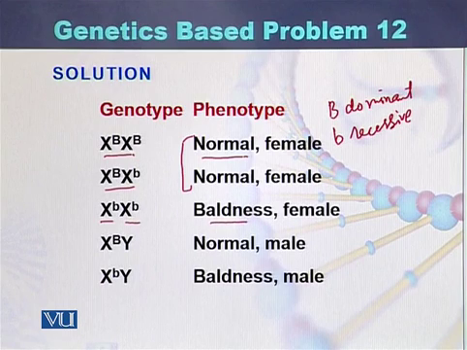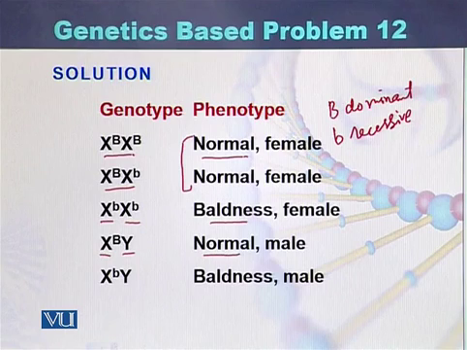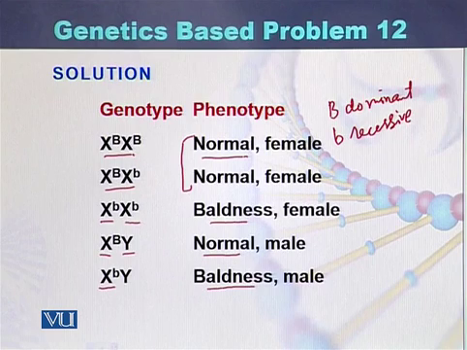In the case of males, because they have one X chromosome and one Y chromosome, if there is a dominant allele on the X chromosome, the male would be normal, while if the male has a recessive allele on the X chromosome, the male would have baldness. So these are the phenotypes and genotypes based on the information provided in the statement.